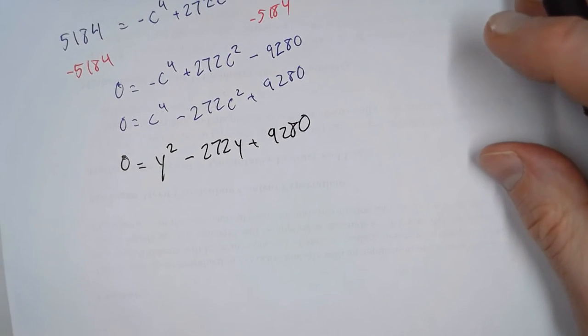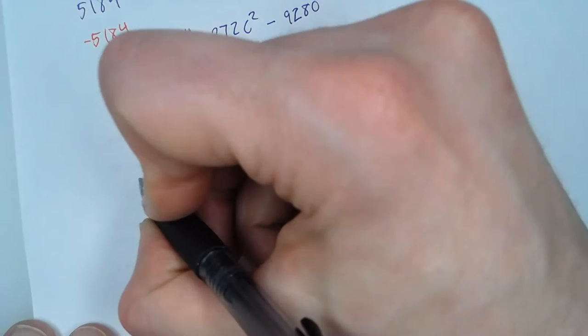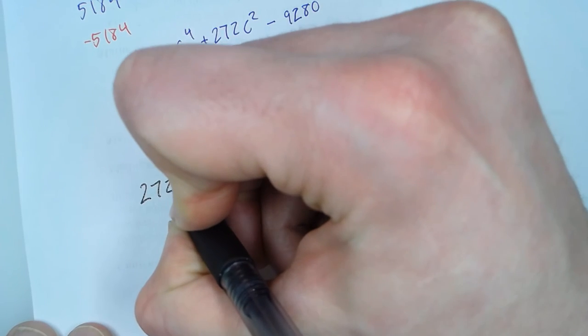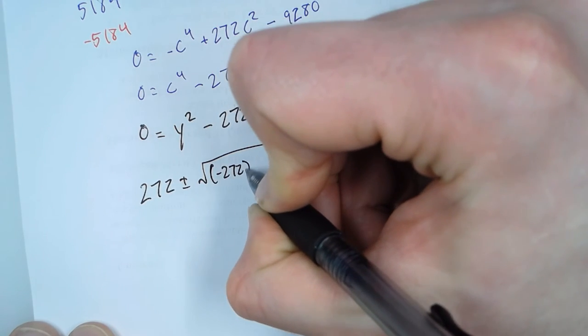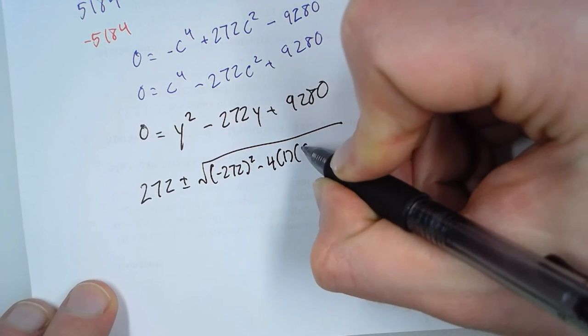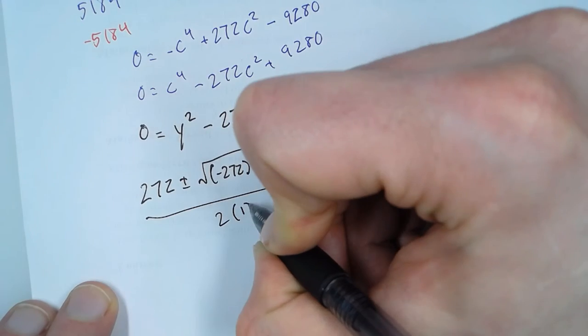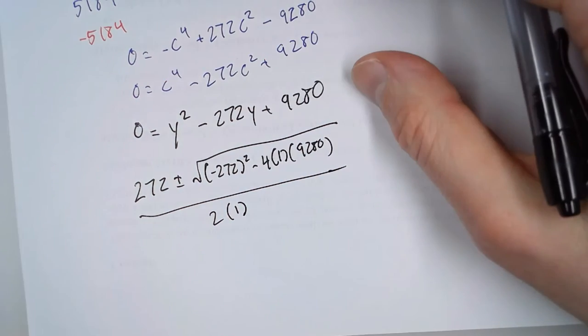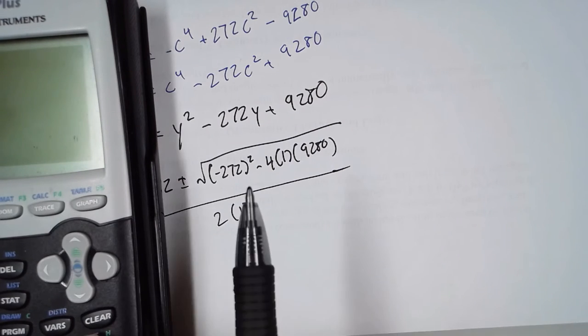And so the easiest way to do this is with the quadratic formula. So negative b, so 272 plus or minus the square root of negative 272 squared minus 4 times a times c, all over 2a. Okay, so take negative 272 and square it.